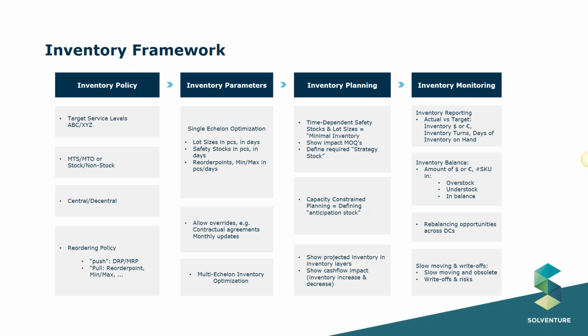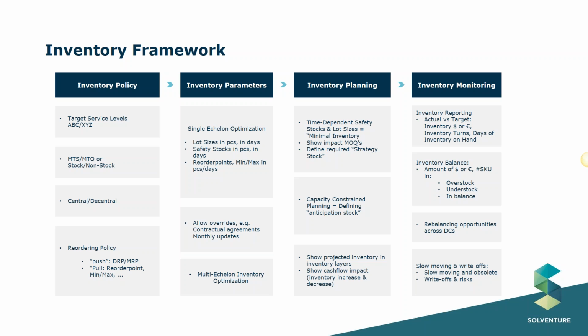Central, decentral. If you keep stock on multiple echelons, then what are the stocks on the central or the decentral level? Is it only one level or on both levels? It is also important to look at your reordering policy. So what are the products which are preferably forecast driven?